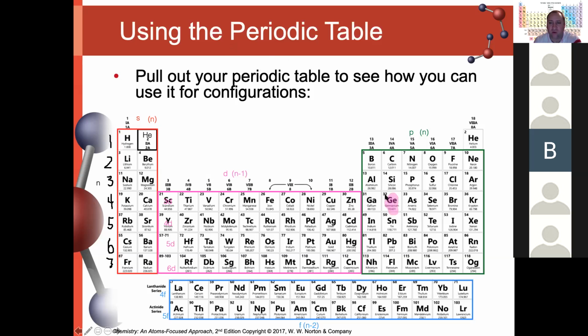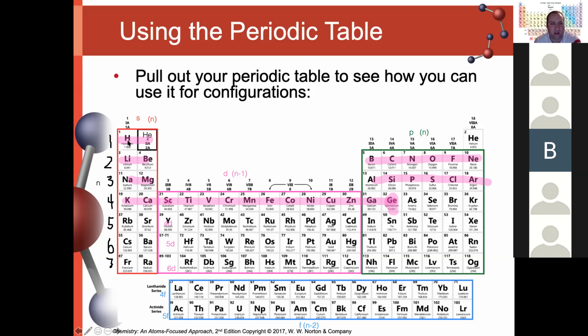If I wanted to do the electron configuration for germanium, I would start at the hydrogen, represent those electrons, and keep going through all of the electrons on the periodic table until I got to germanium. What would that look like?